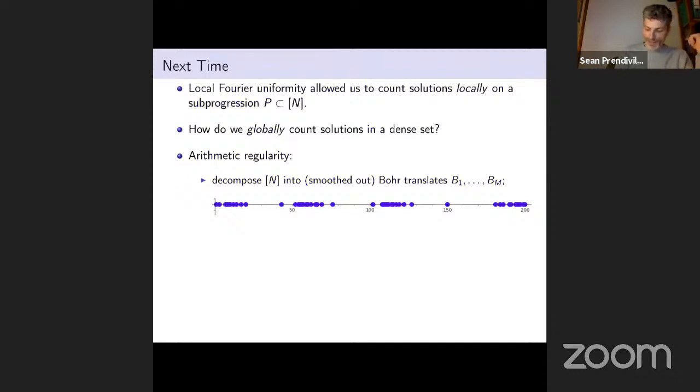How did I generate this set? I took some random subsets of these intervals of length 20, and then I threw in some extra random points.